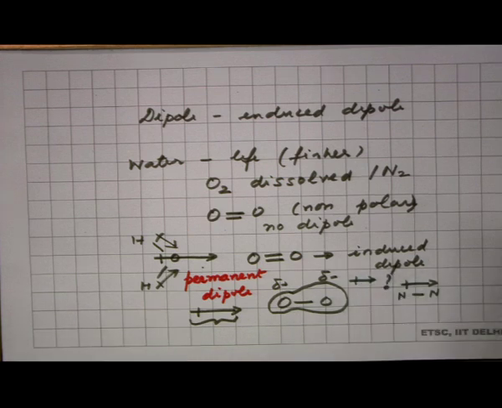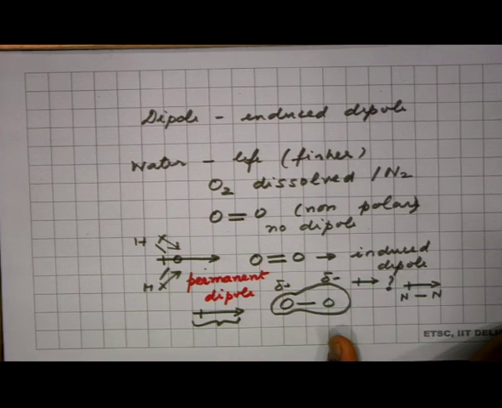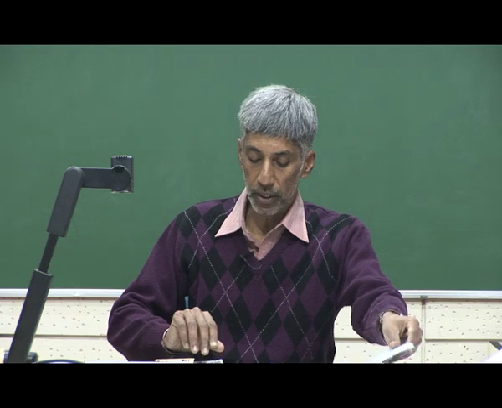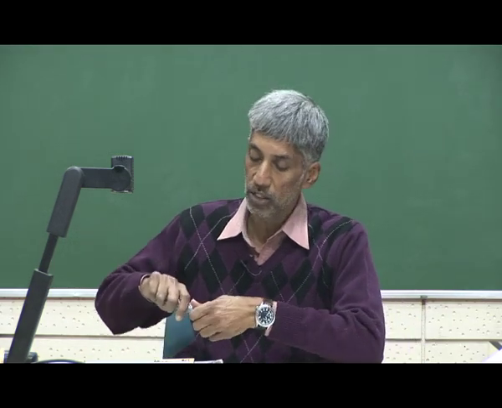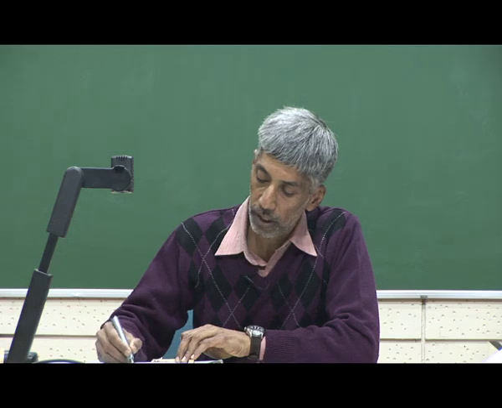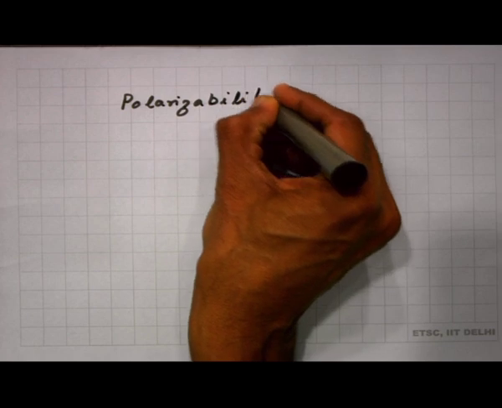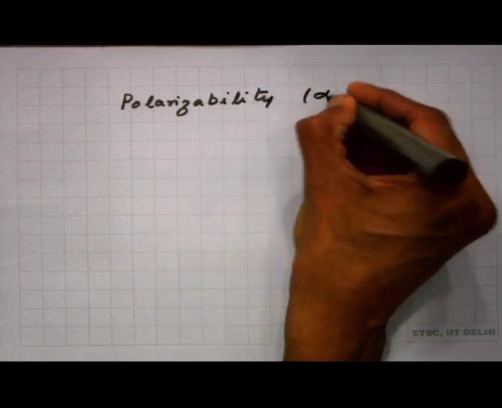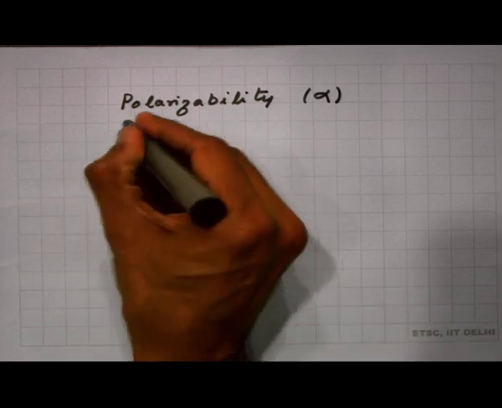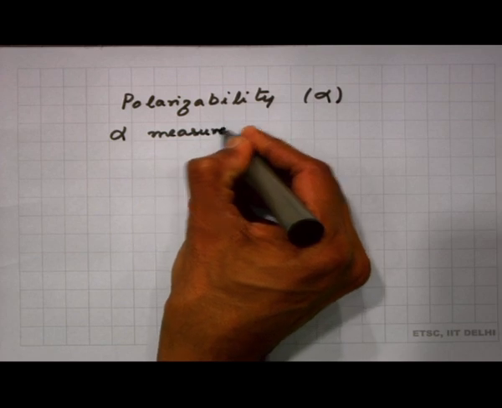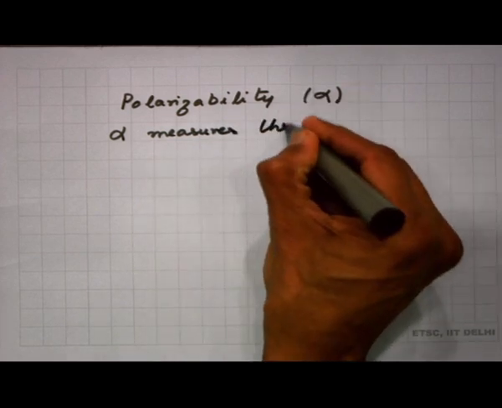So, that is the question we would like to know. What determines the size of the induced dipole is a property which is called the polarizability. So, the polarizability is given the symbol alpha. Now, alpha measures the size of the induced dipole.